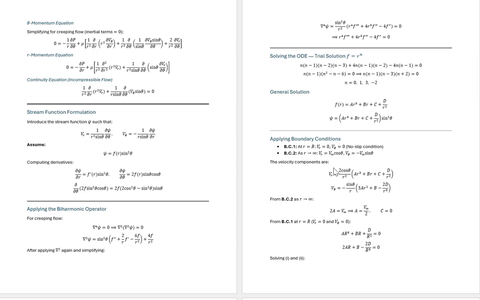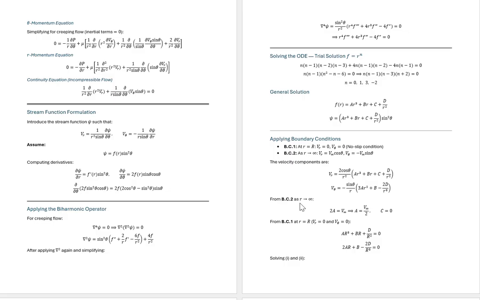On applying boundary conditions, we get to know that an r square term should exist and a is equal to v infinity by 2. After solving, we get vr is 2 cos theta by r square into (a r cube plus b r plus c by d r square), and v theta is equal to minus sin theta by r into (3a r square plus b minus 2d by r cube).